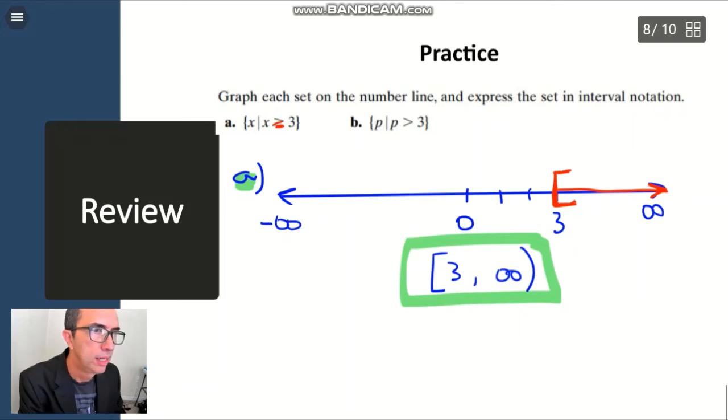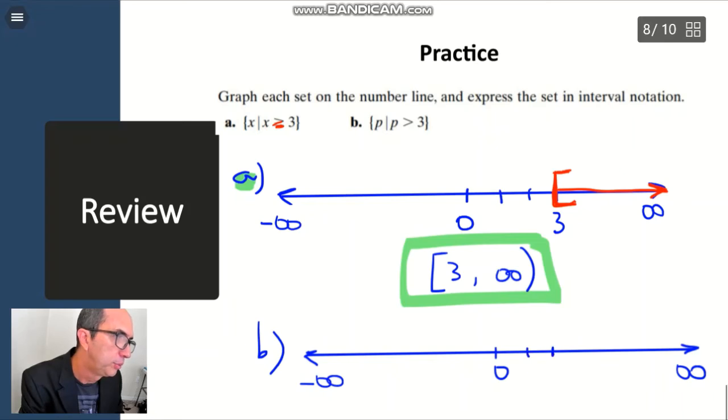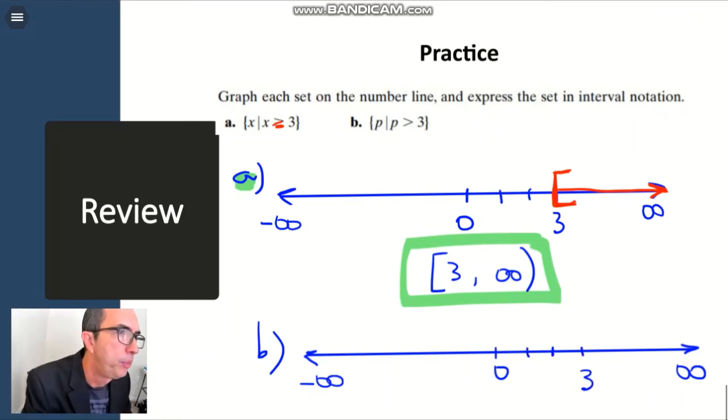Next one, letter B. Draw the number line, and now we want to represent P such that P is greater than 3. So infinity, negative infinity, 0, and 1, 2, 3, the same. Now P is everything greater than 3.